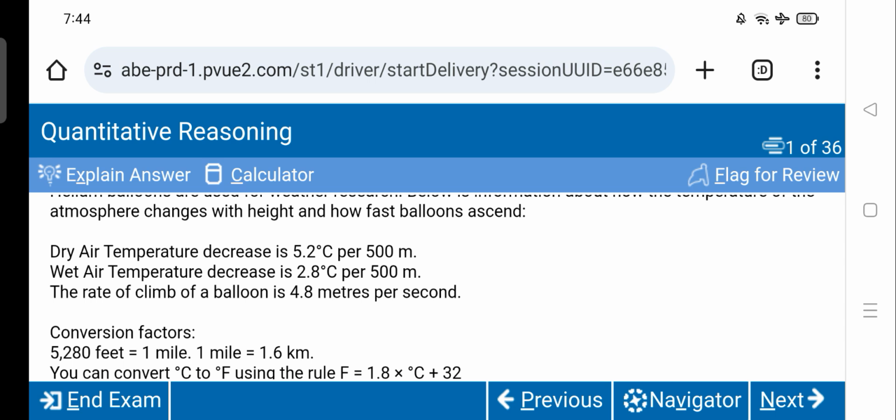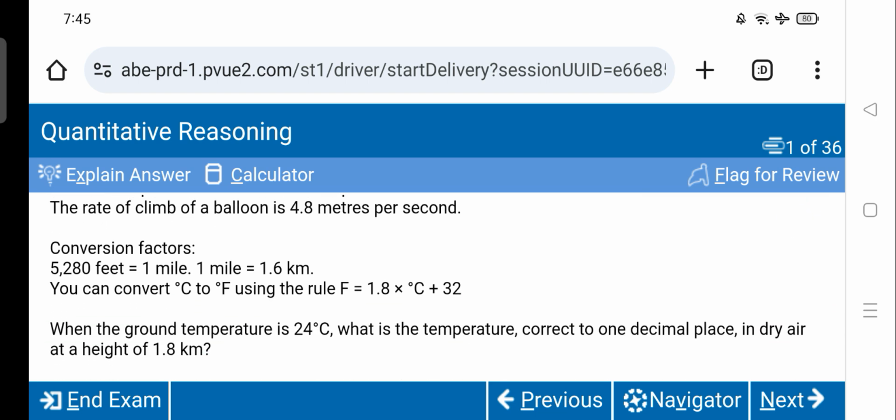Dry air temperature decrease is 5.2 degrees centigrade per 500 meters. Wet air temperature decrease is 2.8 degrees centigrade per 500 meters. The rate of climb of a balloon is 4.8 meters per second.